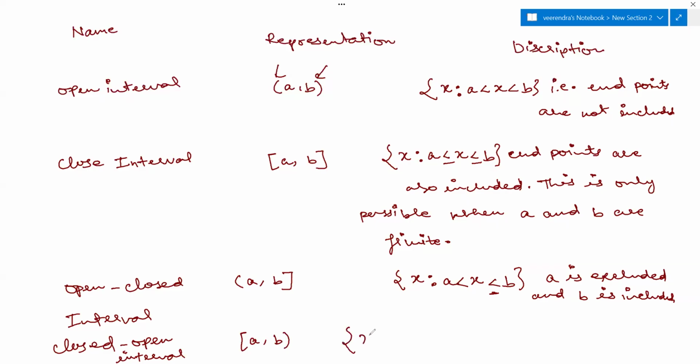So which means x is such that x is greater than or equal to A, here we have equal, and at B this is open means we will not put equal sign. Here A is included and B is excluded.